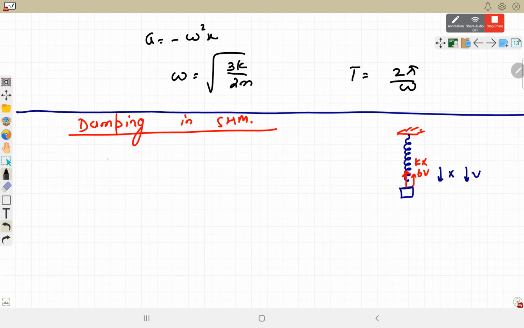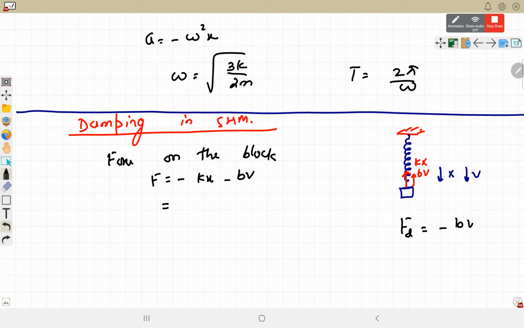So the force acting on the block, F, is equal to minus kx minus bv. Here bv is the drag force or damping force or air resistance.